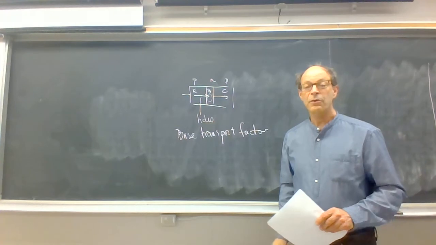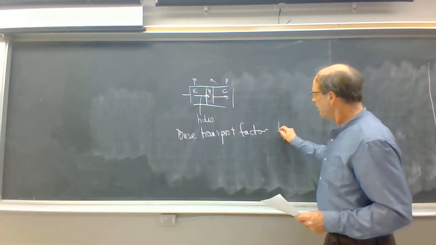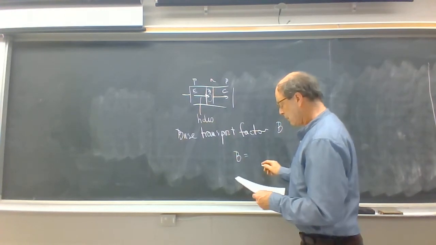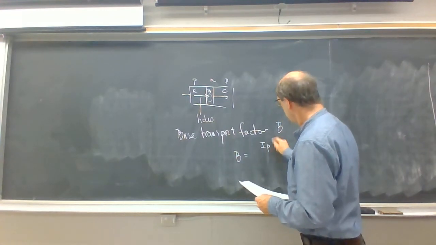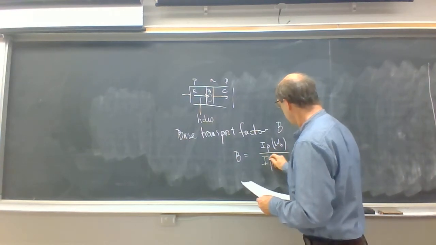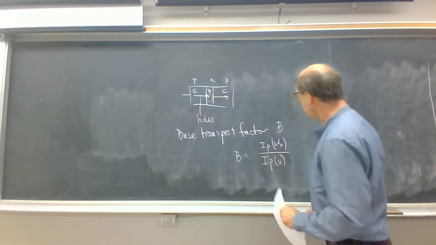And the base transport factor we call B, and we define B as I_P of W_B divided by I_P at 0.